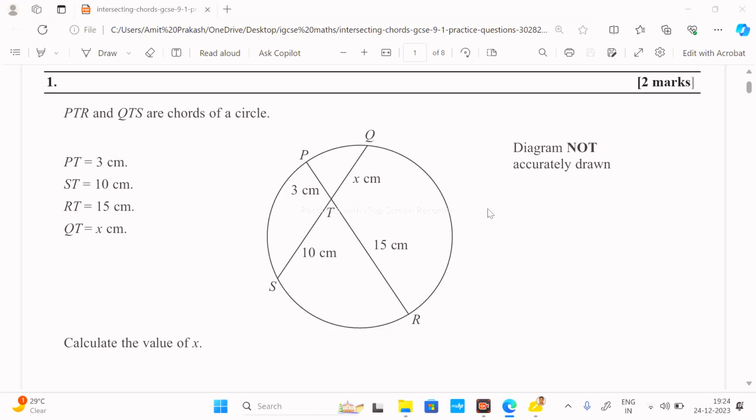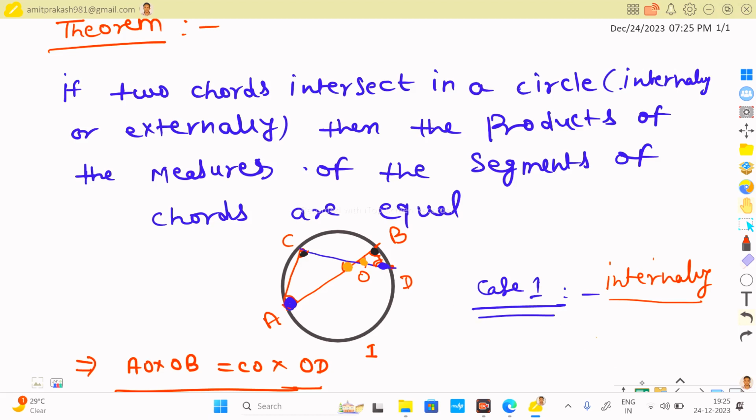So we have an important theorem, and first of all we are going to prove that theorem, and again we solve some problems based on the chord intersecting theorem.